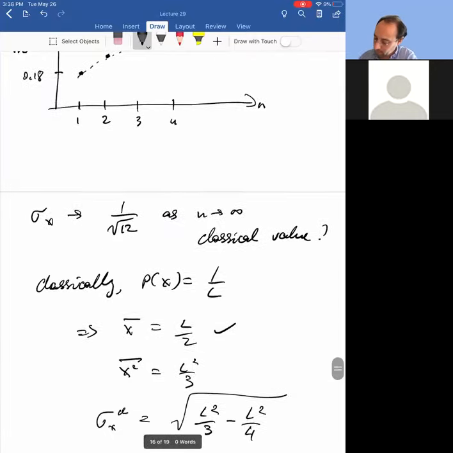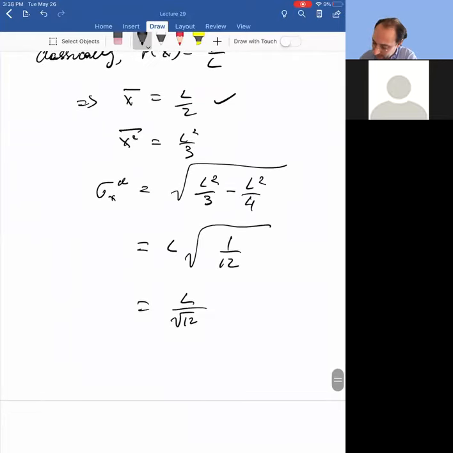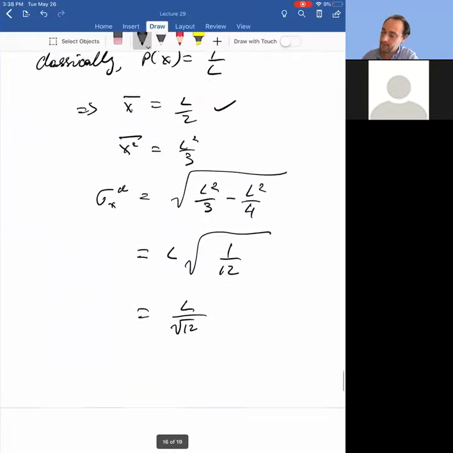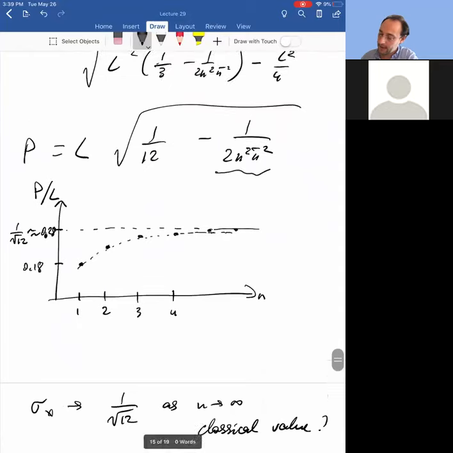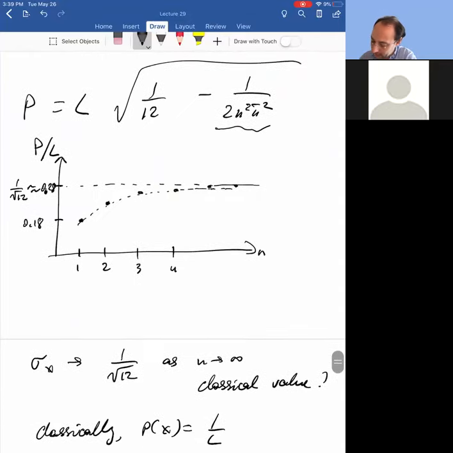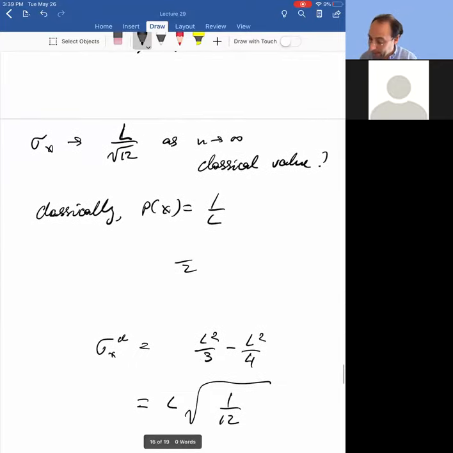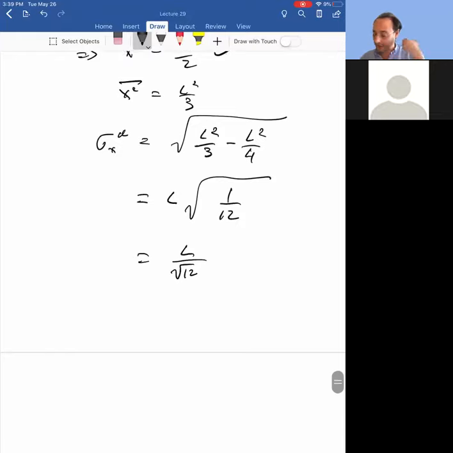And so quantum mechanically, the standard deviation goes to L over root 12. And we think that that's a classical result, and it is. So again, it shows that as you go to higher and higher, more and more excited states, your result approaches the classical result.